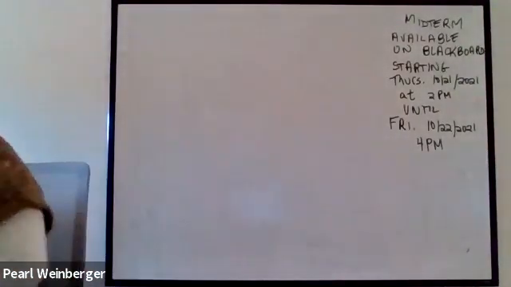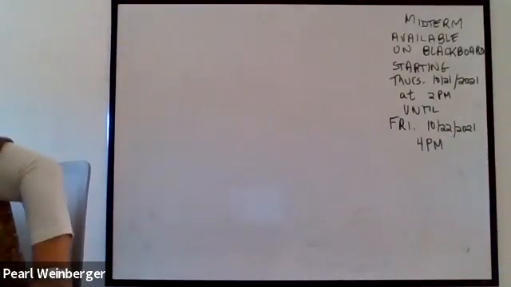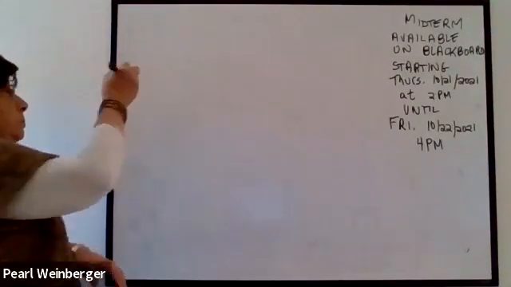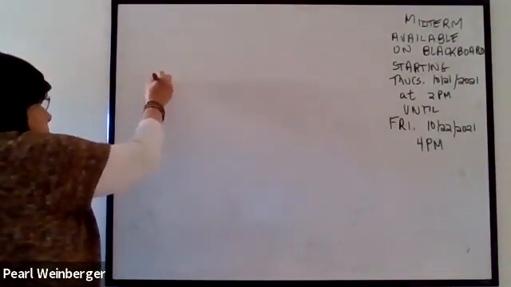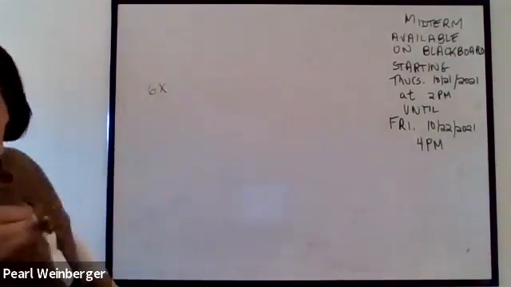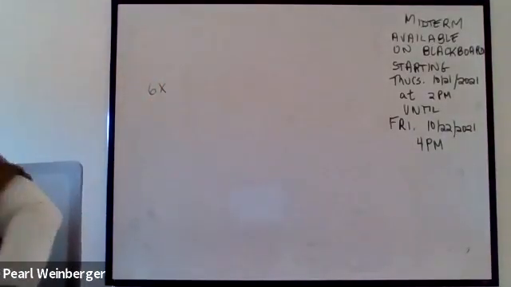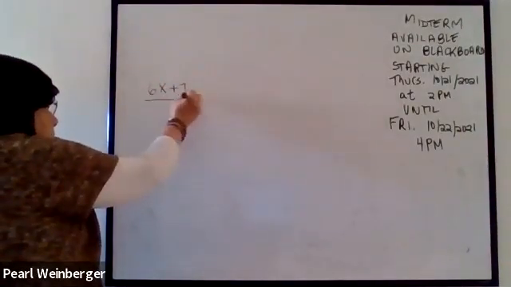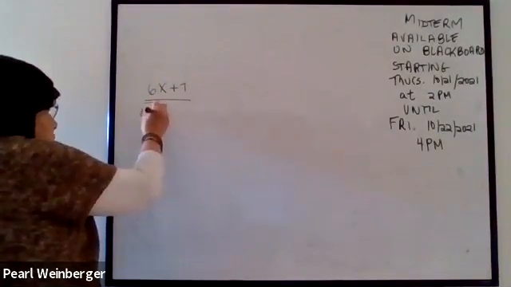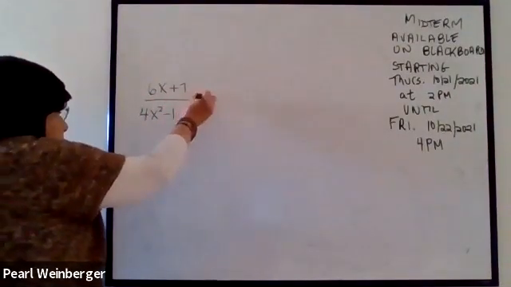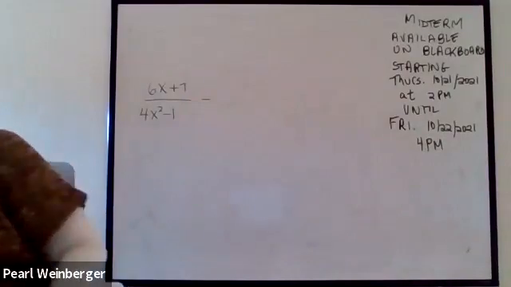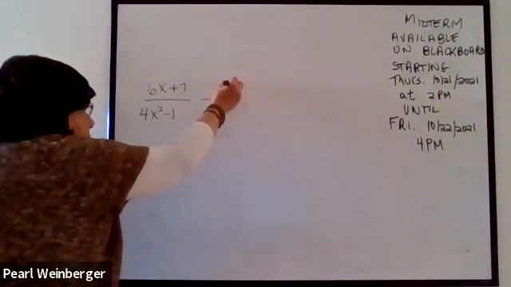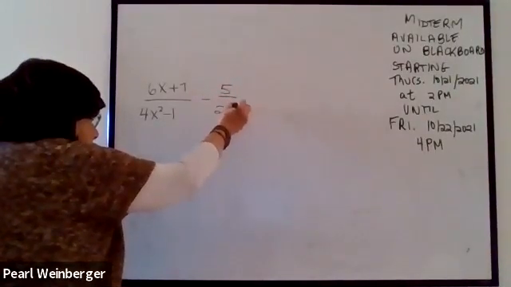So let's look at this problem. Suppose I have 6x plus 7 over 4x squared minus 1, minus 5 over 2x minus 1.